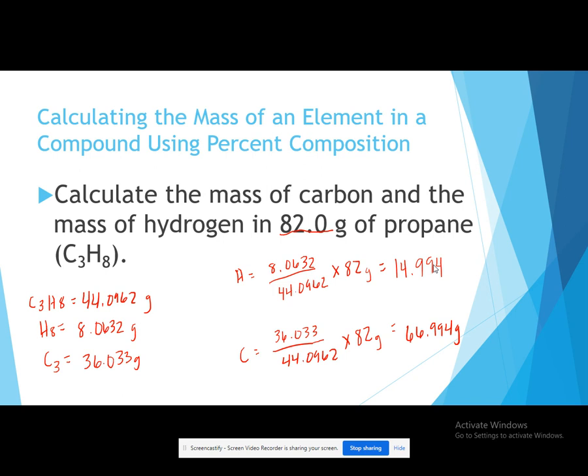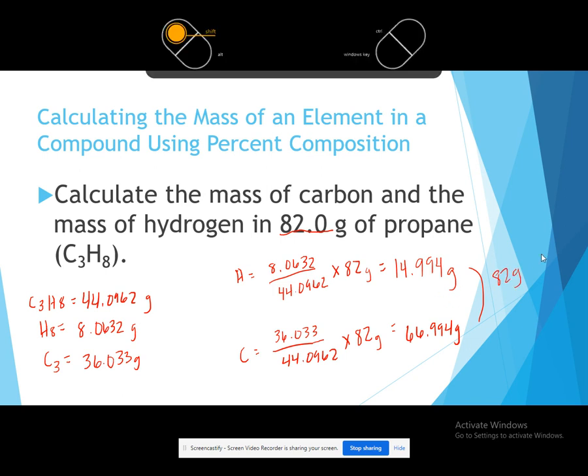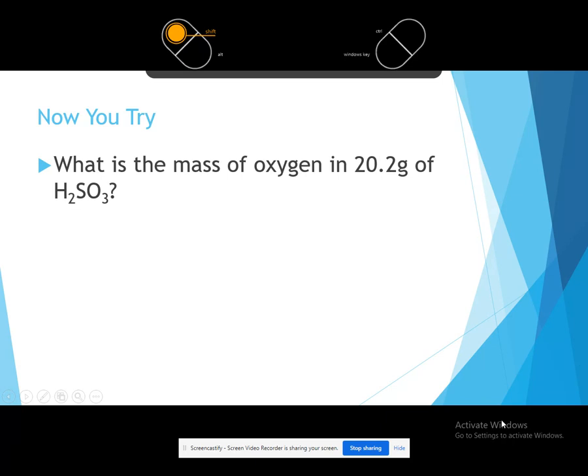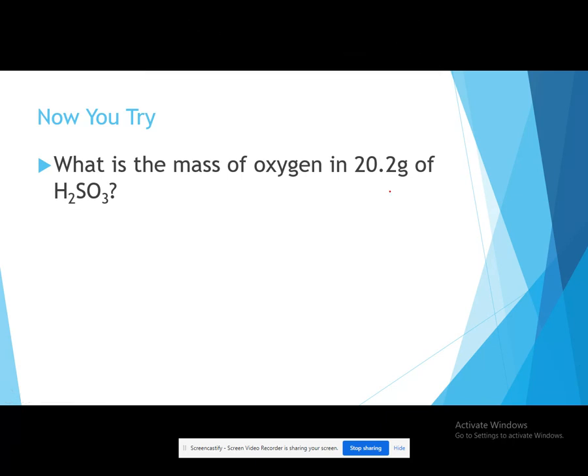And if you actually add these 2 grams together, you get 81.988, which actually rounds up to 82 grams. So both of those added together equal that 82 grams. Okay. So what I want you to do is I want you to actually try to do this example by yourself, and let's see how you do.